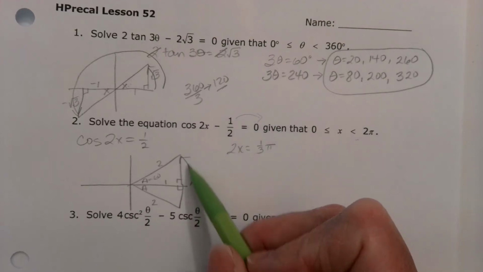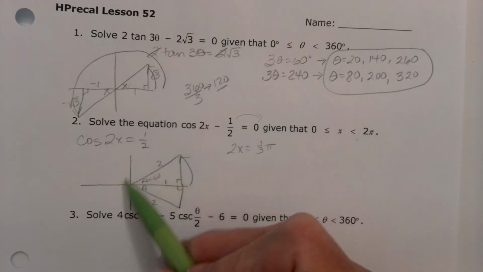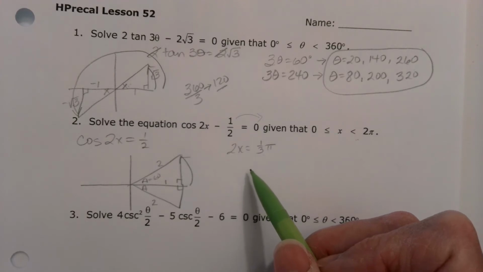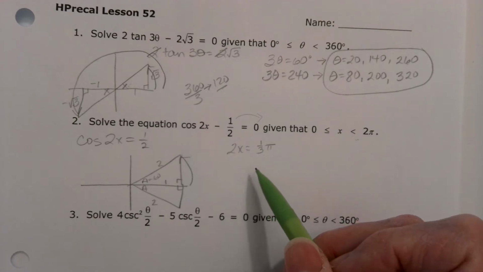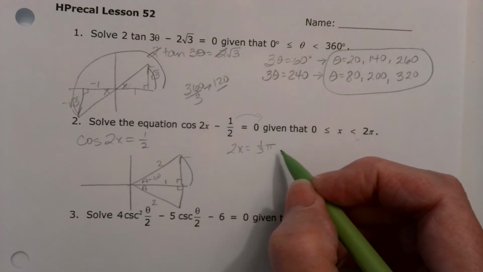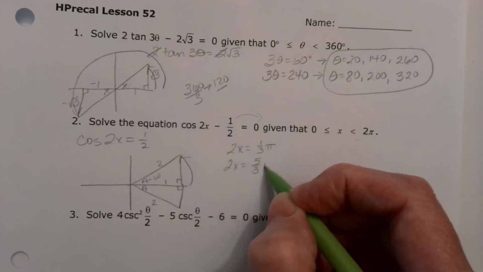Okay, we did 60 divided by 180 to get 1/3. So you're going to do 300 divided by 180, right? So you're going to get 10 over 6, which is 5 over 3, right? So you get 5 over 3 pi.